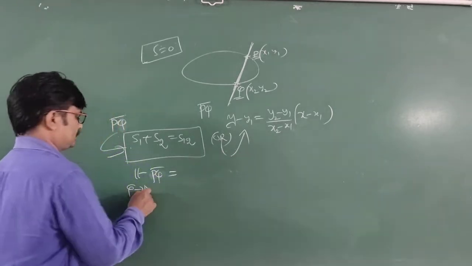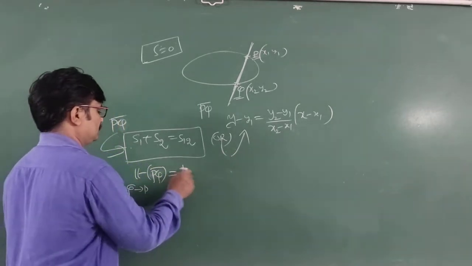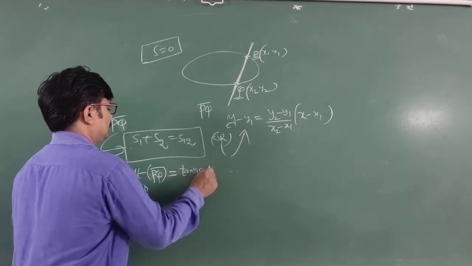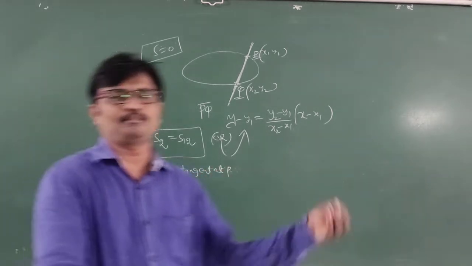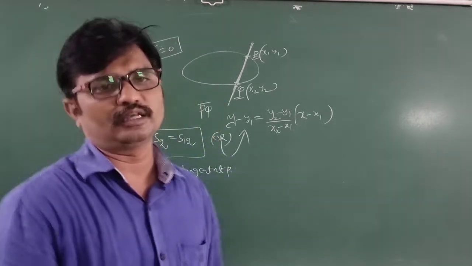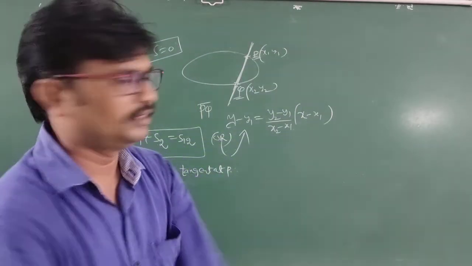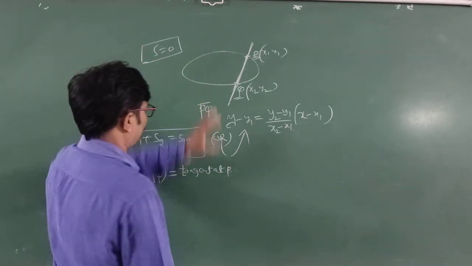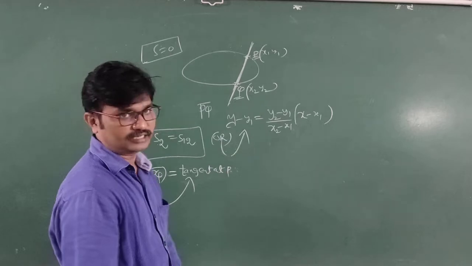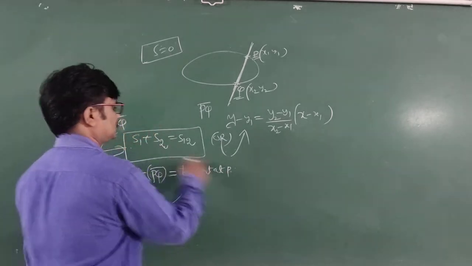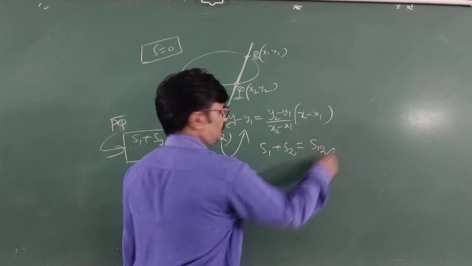The limit Q tends to P. The secant line through P and Q is nothing but the tangent at P. That means Q approaches P, or Q coincides with P. Then the length of the chord will be 0. Then it is called the tangent at P. Okay students, the tangent at P, that means S1 plus S2 is S12.